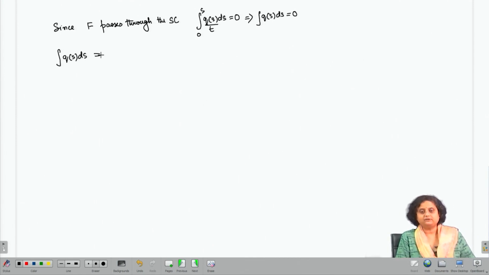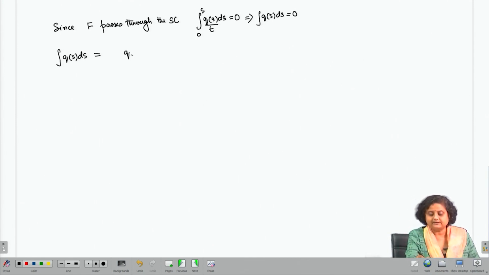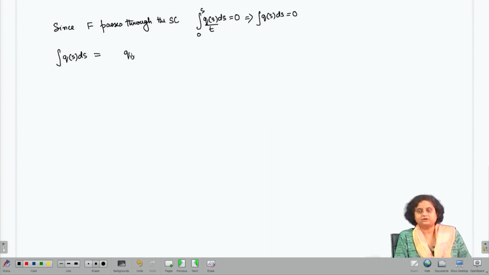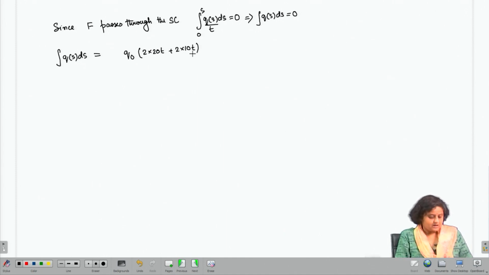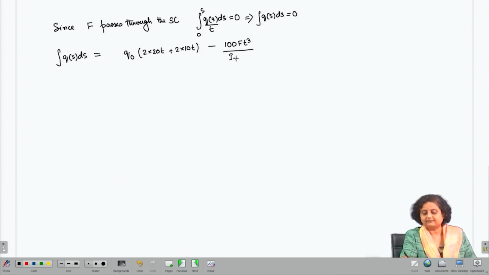So, if we evaluate this integral, we will see that there is Q0 on all the 4 equations A, B, C, D. So, it is going to be 2 into 20t plus 2 into 10t. Then we will have minus F. So, from Q2 we will be having minus 100 F t cube by Ixx.